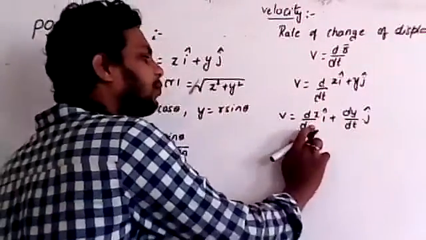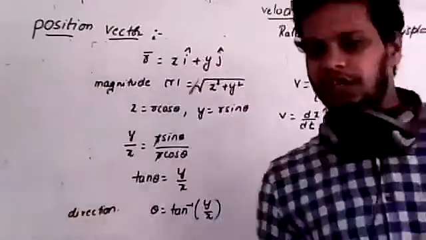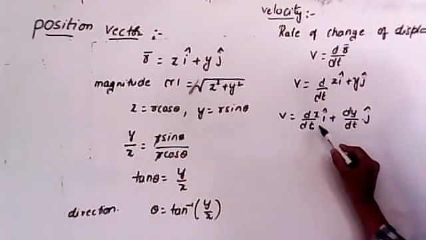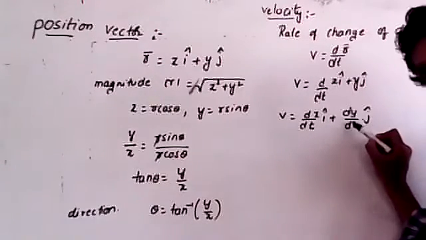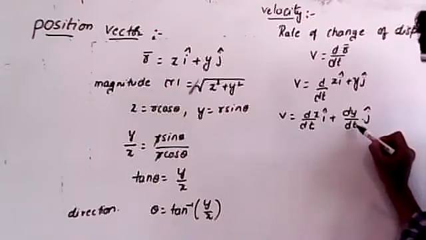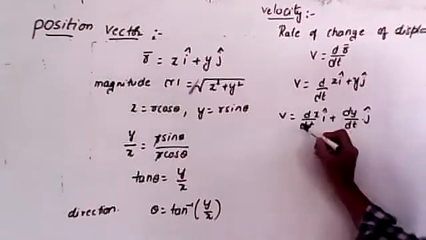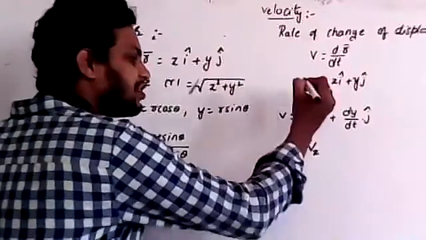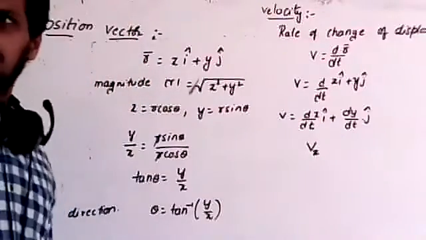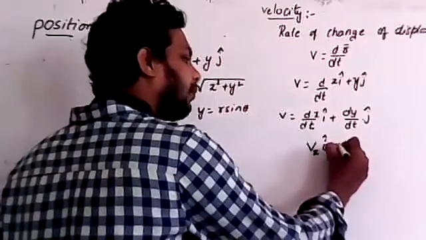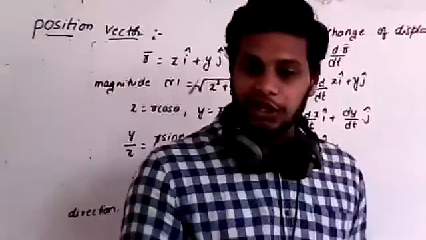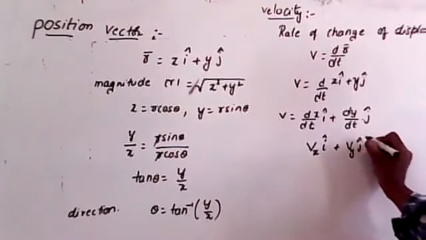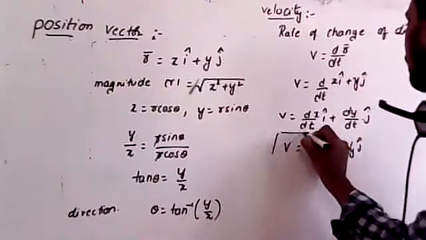Now, what is dx by dt? Change of position along the x-axis. And dy by dt is the change in position along the y-axis. So the change in position along the x-axis I will consider as the velocity along the x-axis, vx, into i cap, plus dy by dt, the change of position along the y-axis, which I will consider as vy into j cap, which is taken as velocity v.